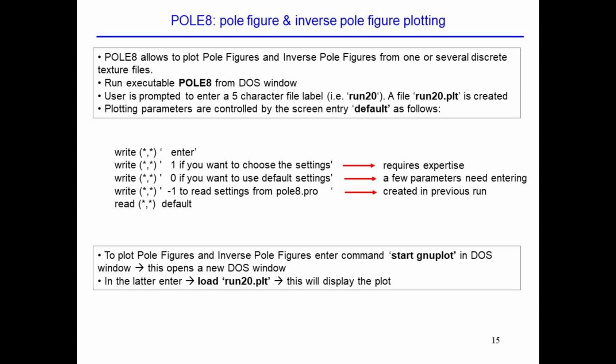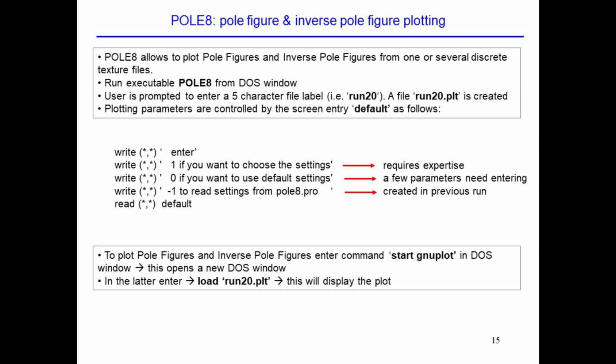So then, in order to plot the pole figure, what this code will generate is a bunch of output files that you can plot with any plotting software. That could be gnuplot, and the reason why we chose gnuplot is because there is a batch file for it that will allow you to plot the pole figures instantly.